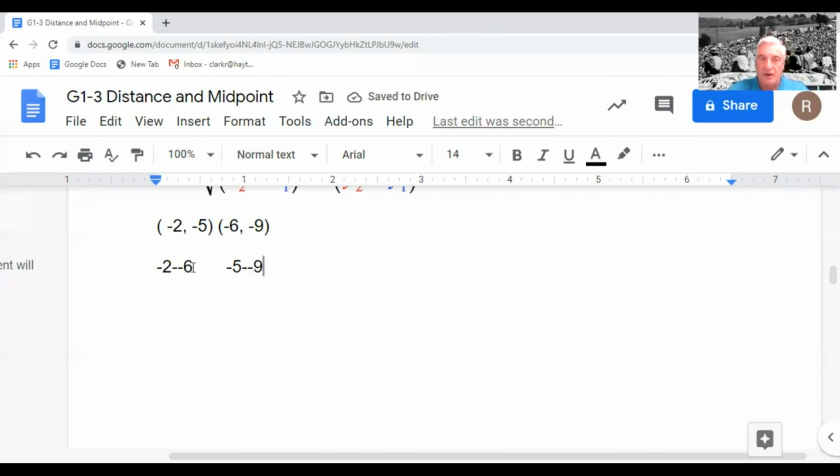And many of you know now that 2 minus signs in here become 1 plus sign. So on the next line, I would have minus 2 plus 6, and here I would have minus 5 plus 9. This is 4. And surprise, surprise, this is also 4. We add them together. We get 8. And our answer is square root 8.